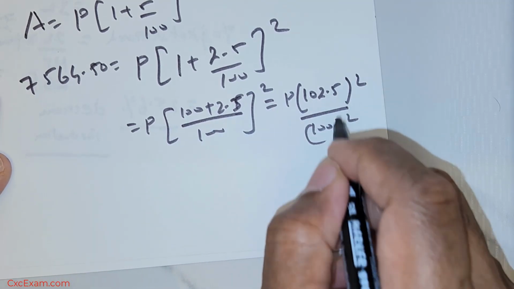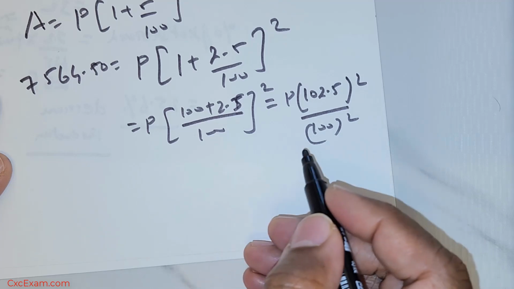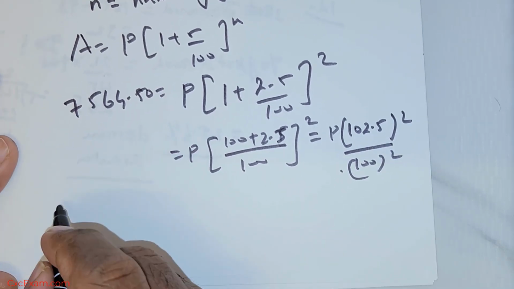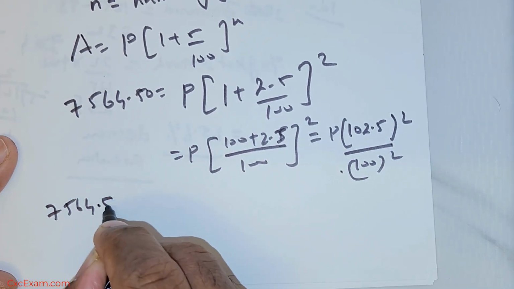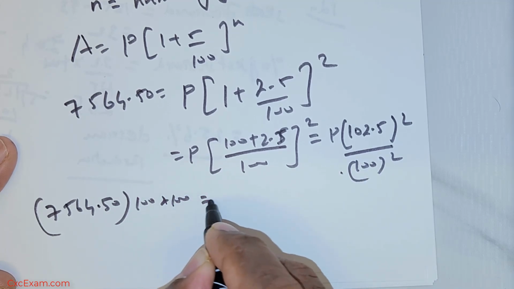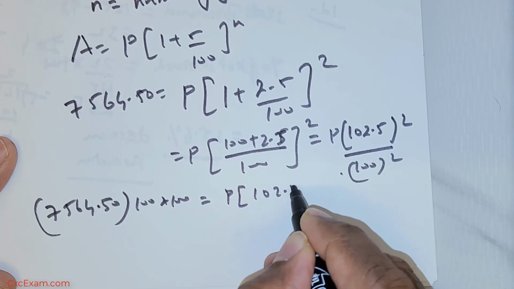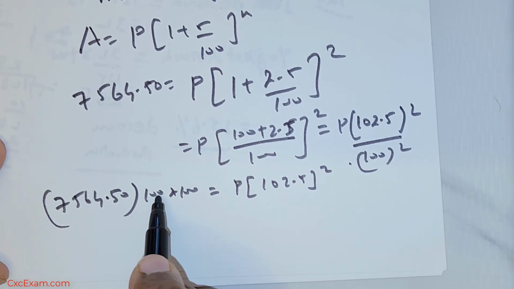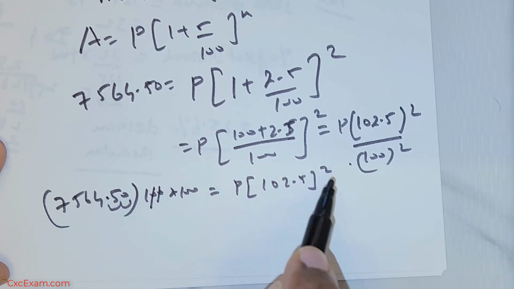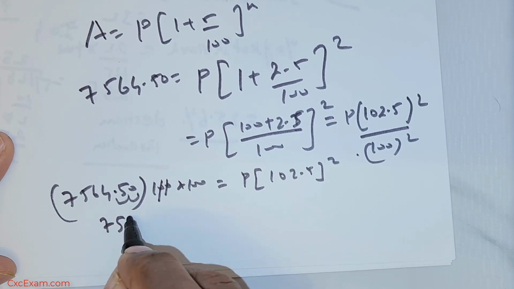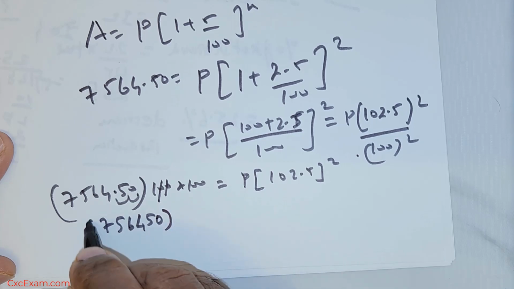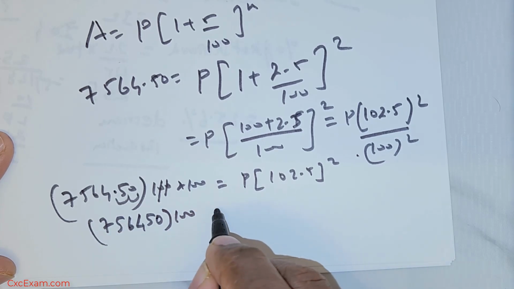So what you can now do is first cross multiply. So 7564.50 multiplied with 100 times 100 is equal to P times 102.5 squared. Now I can get rid of these two zeros by pushing this decimal point towards the right. So you have 75645 and this is multiplied with 100.